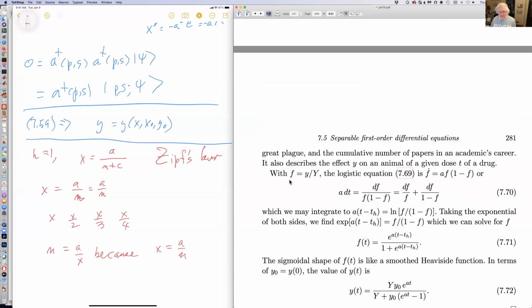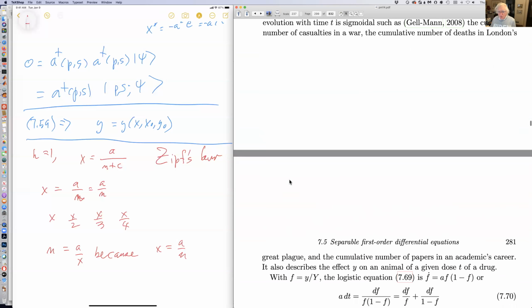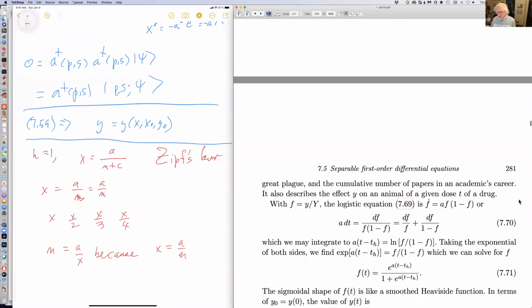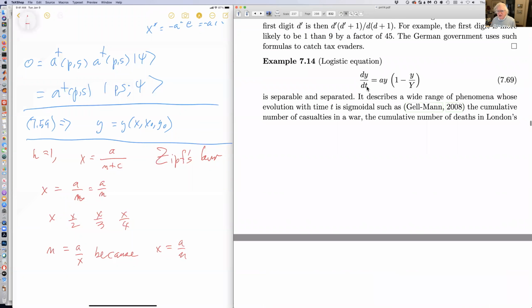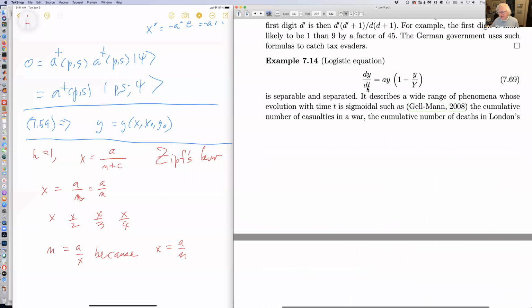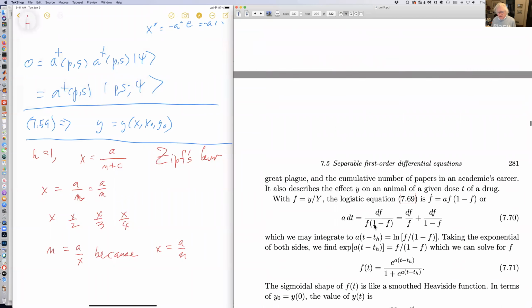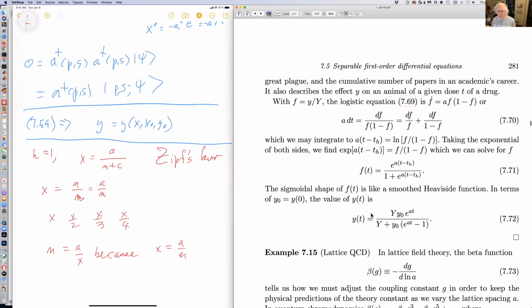You let little f equal to little y over capital Y, and then the equation becomes df dt. And so d by dt is often written as dot. I think this was started by Newton. And so we can rewrite this.